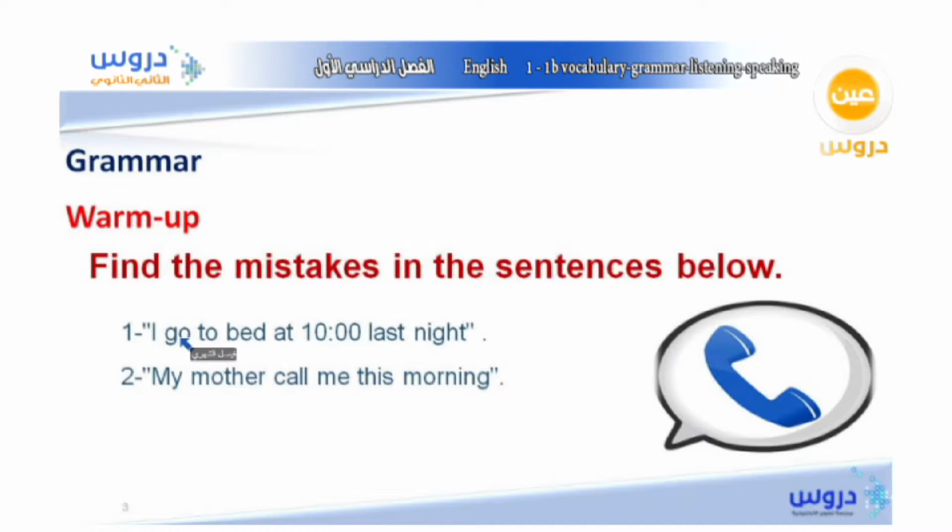We should use the second form of the verb, right? My mother called me, the same mistake. We couldn't use the present or the base form in the past tense. Subject, verb, object. Alright?